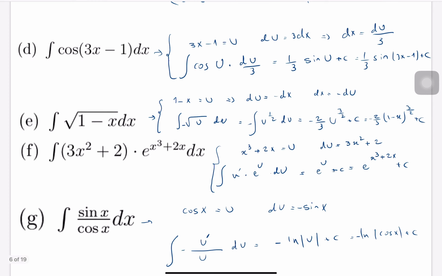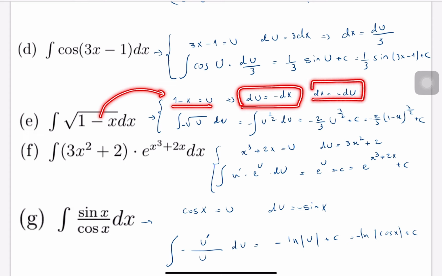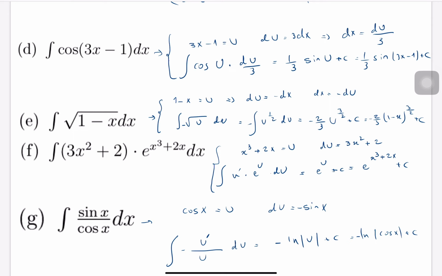Over here, under the radical I can put 1 minus x equal u, the derivative will be du equals minus dx, and instead of dx we can put minus du. Again, instead of 1 minus x I put u, the integral of the radical u, and I convert the radical to a power.